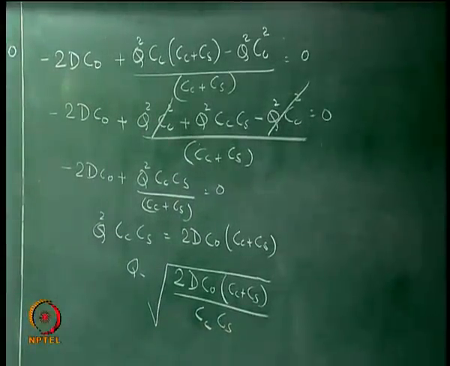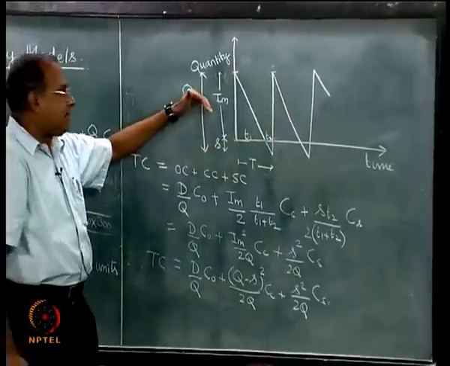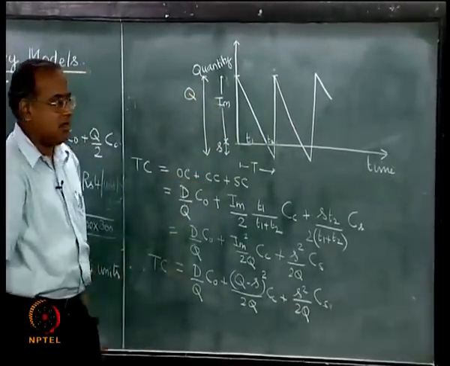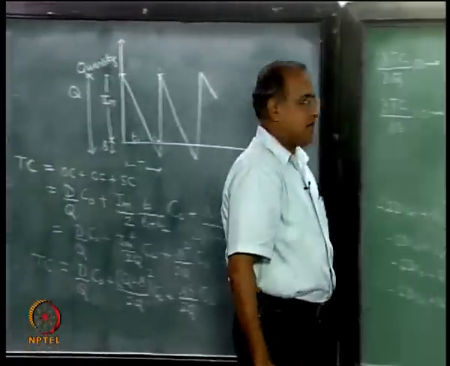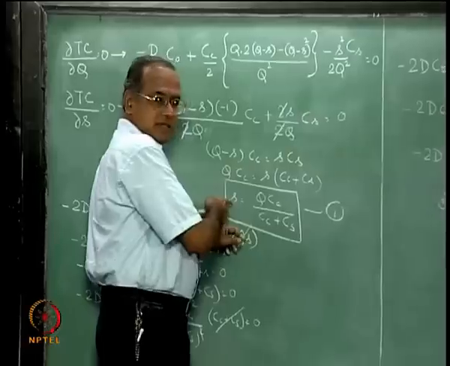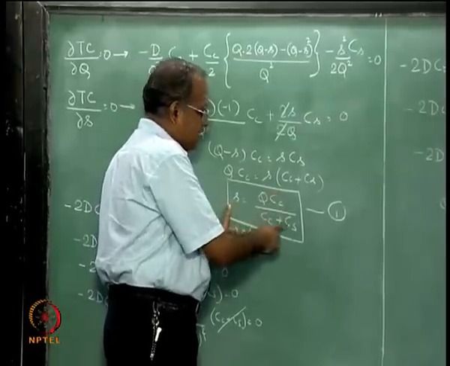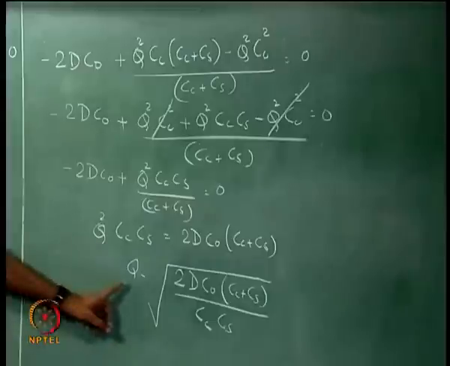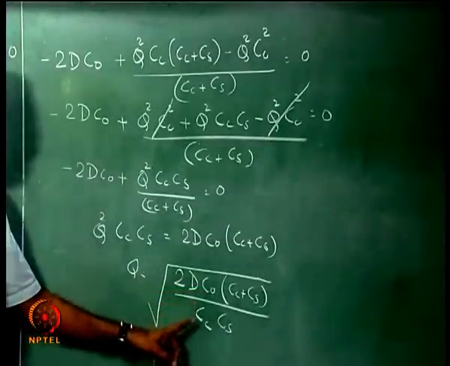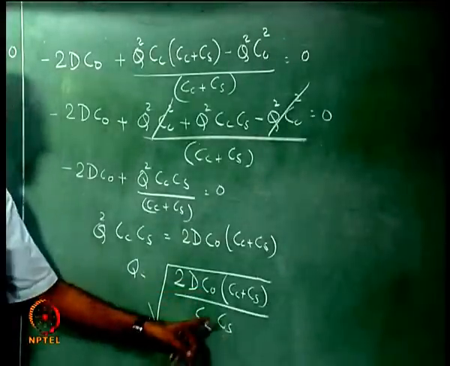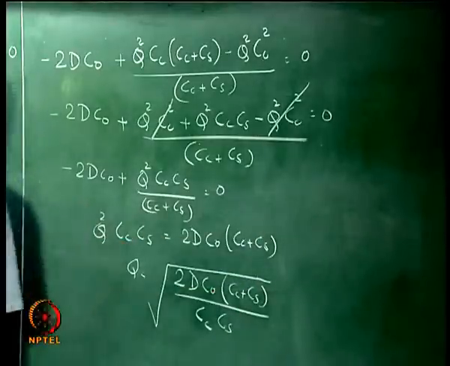So, when we use this model where back order is allowed and then we derive, we get the expression S, the back order quantity is QCC by CC plus CS. The order quantity Q is root of 2D C naught by CC CS into CC plus CS.